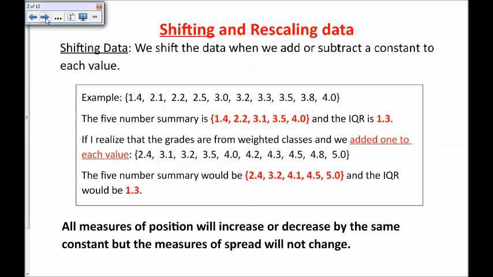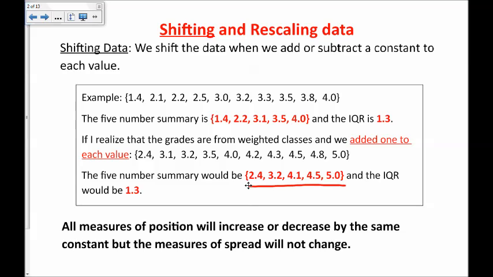When we shift data, we are adding or subtracting a constant value to each data value. Okay, so if I take our GPA data from chapter 4, and we add 1 to each value, then we will find that the 5-number summary is all 1 number higher.